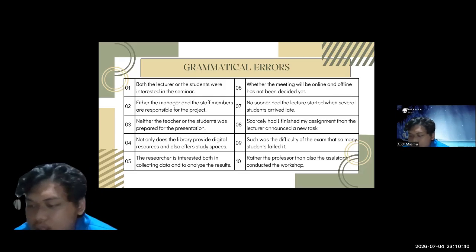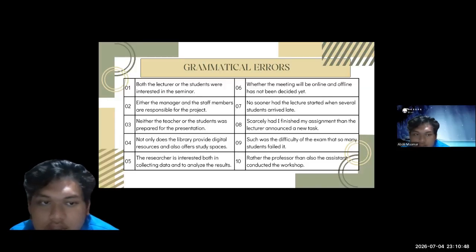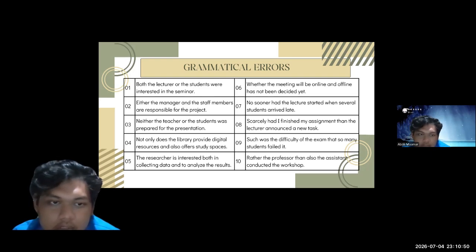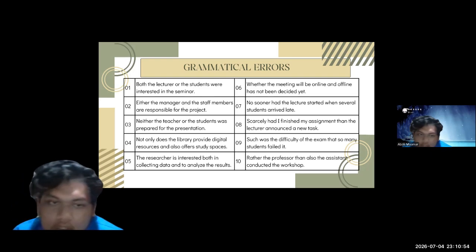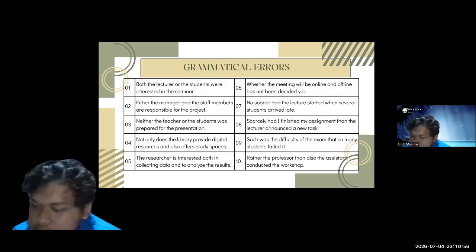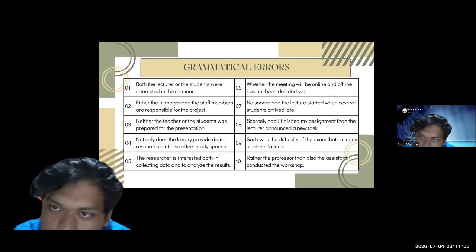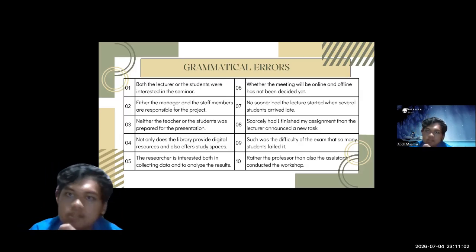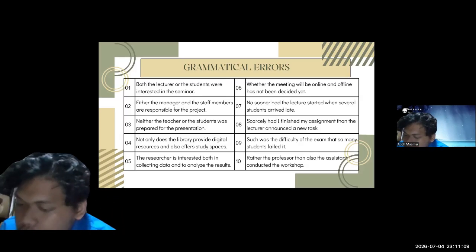It is like parallel structure, so the correct is both. The researcher is interested both in collecting and in analyzing the result. Six, whether the meeting will be online or offline has not been decided yet. Or is the wrong correlative pair with whether.